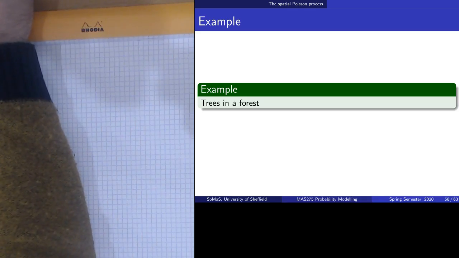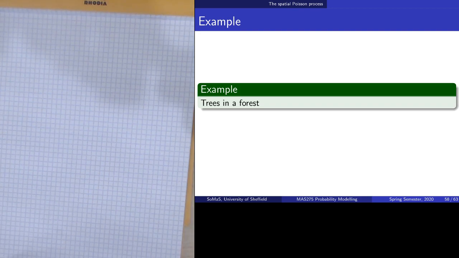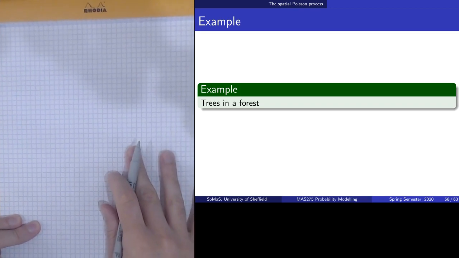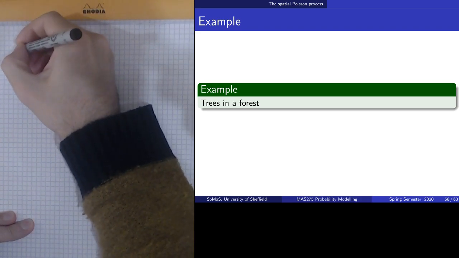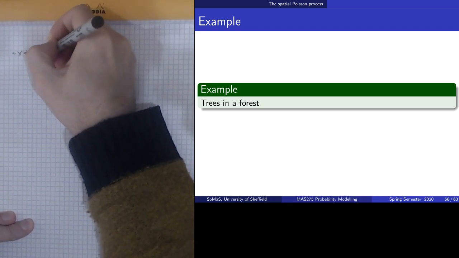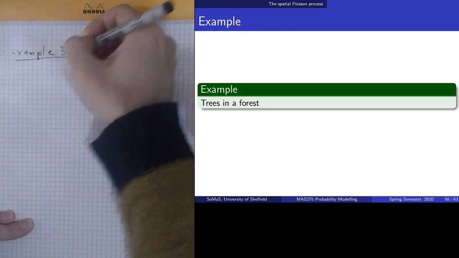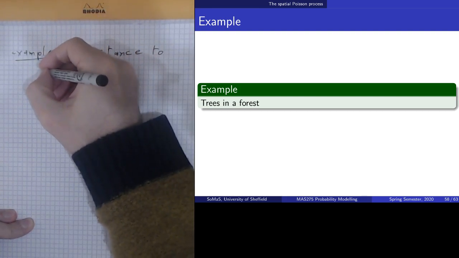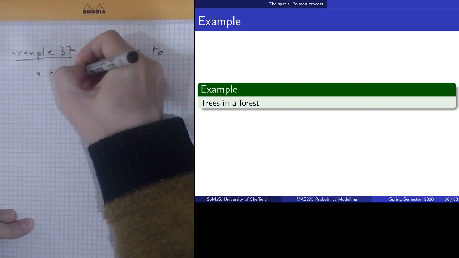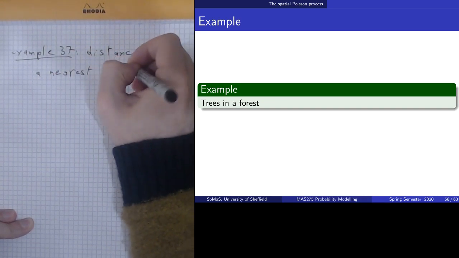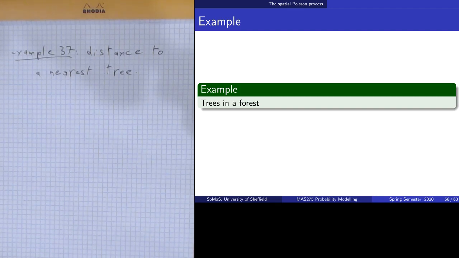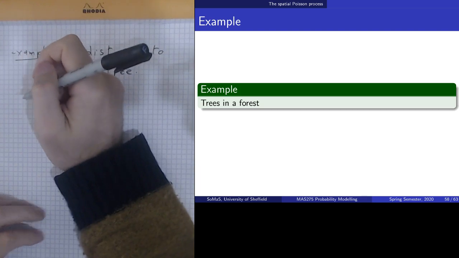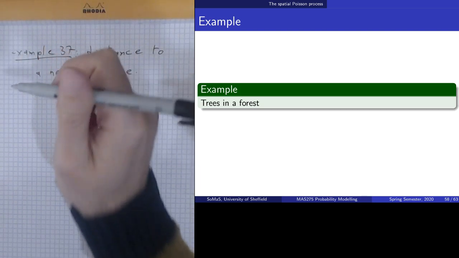So, example 37, distance to a nearest tree. So, suppose that we have a forest, and this forest is actually a Poisson process in 2 dimensions.